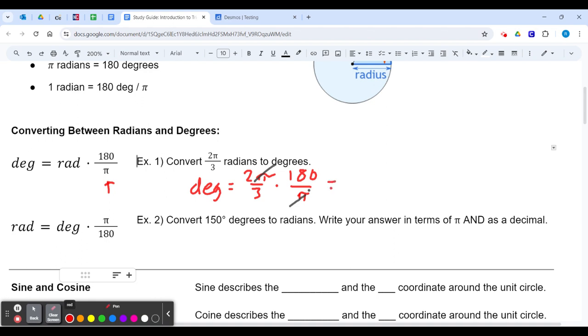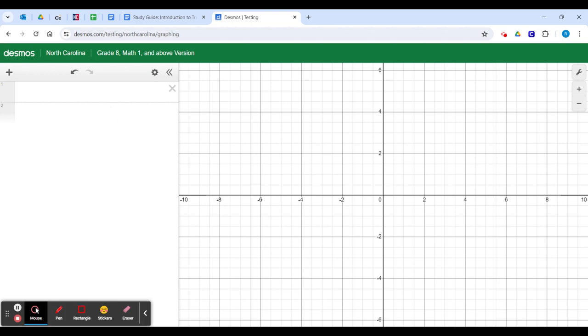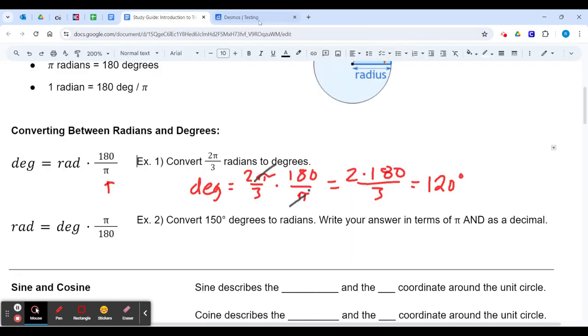So I can cancel those out, and I'm just left with 2 times 180 over 3. If you want to do that mental math, you are more than welcome to. We'll get 120 degrees. However, I recommend, let's just use Desmos to get that figured out. So 2 times 180, and that is divided by 3. That gives us that 120 that we talked about.